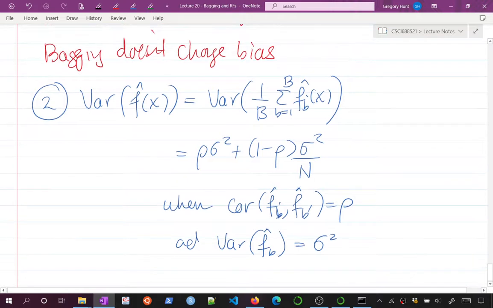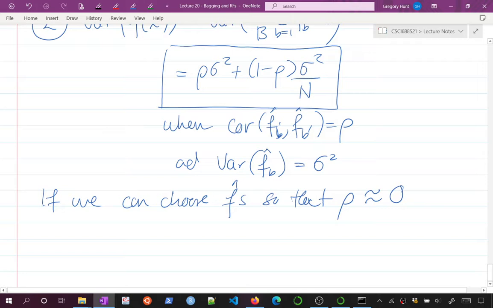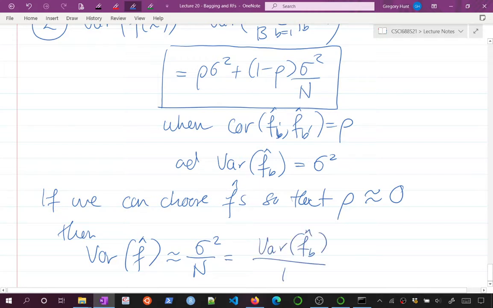Then we potentially can make this thing smaller if we're careful. If we can choose the f hats so that rho is close to 0, then the variance of my bagged classifier, f hat, is basically sigma squared over B, which is the variance of any of them individually over B.